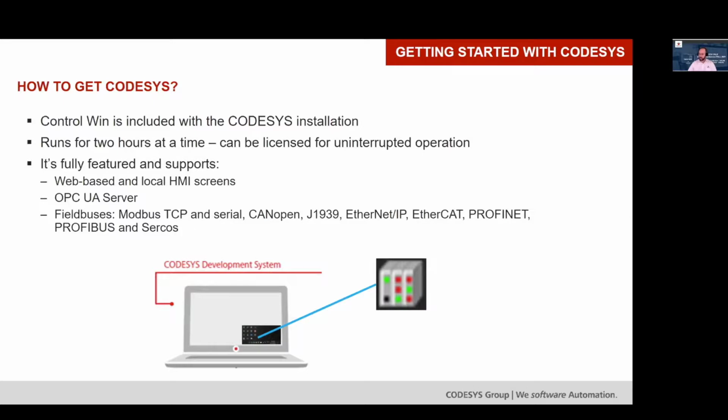And you can have them show either on a local monitor or on another computer on your network using a web browser. And of course, if you want to have uninterrupted operation, you can buy a license and activate that on your machine or in a Codesys dongle. So you will break that 2-hour limitation.